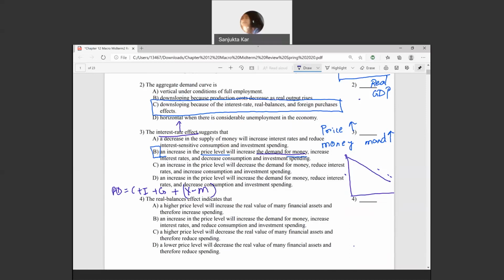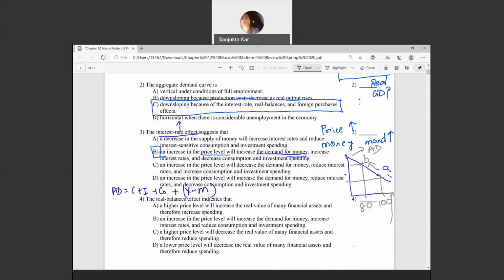Say if I'm at point A here, and this graph is the aggregate demand curve. Because of the interest rate effect, I'm going to move from point A to point B. So at point A, the real gross domestic product is 100. Point B, the real gross domestic product is 80.